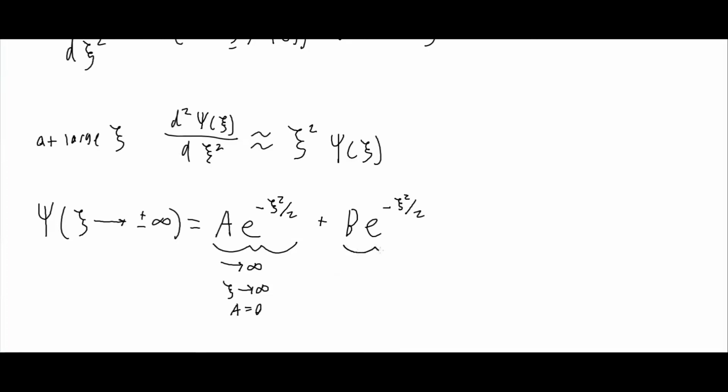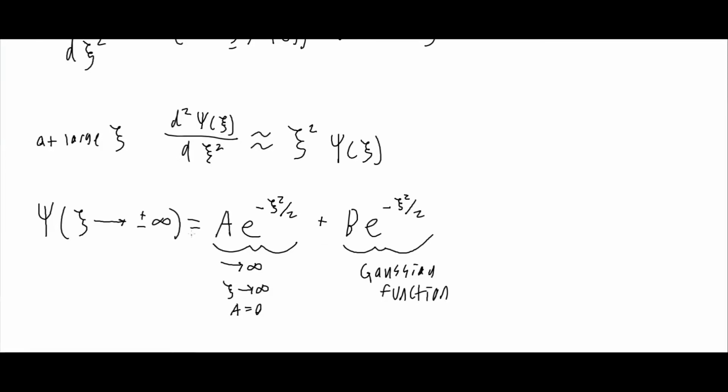And this, if you remember from the previous video, I said we needed a Gaussian function. Well, this is our Gaussian function that will be part of our solution to the Schrodinger equation.